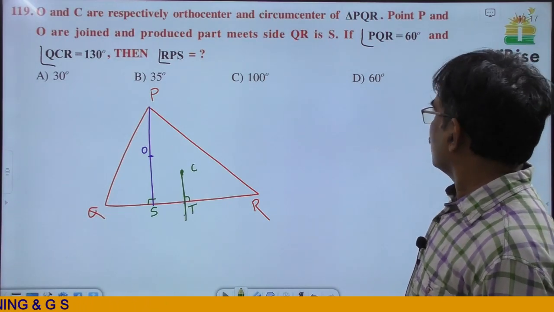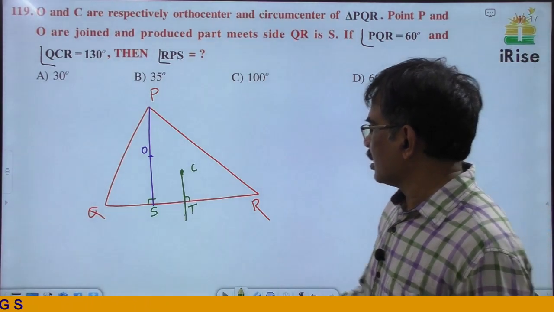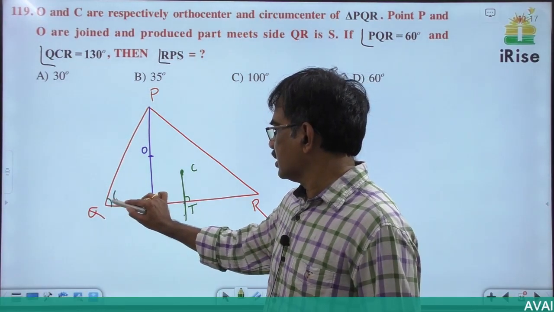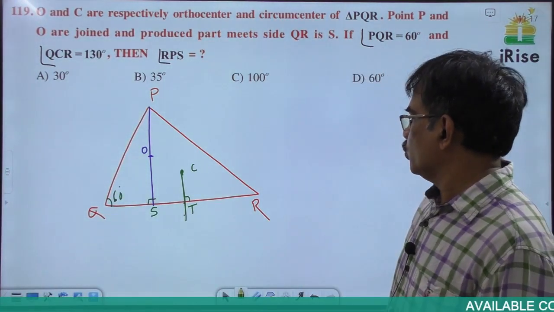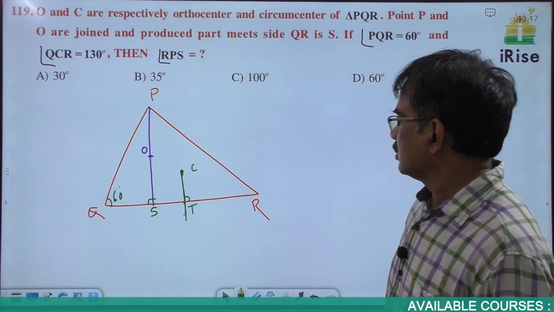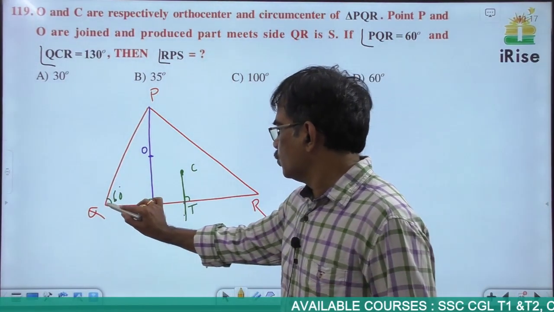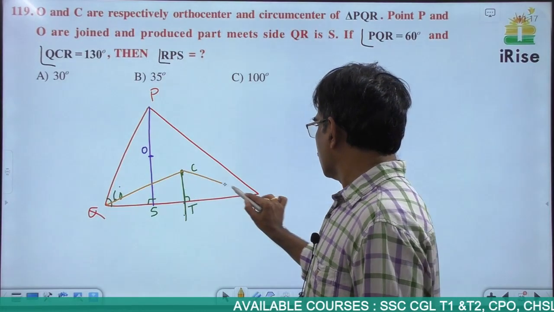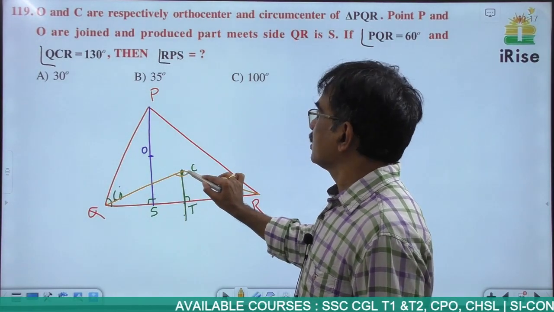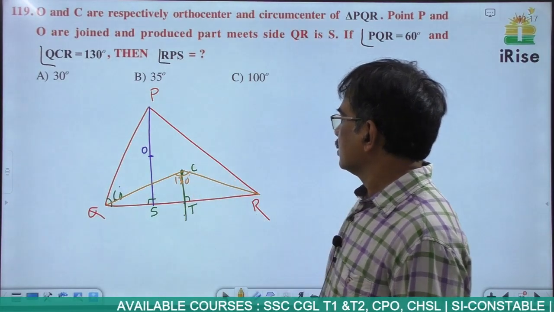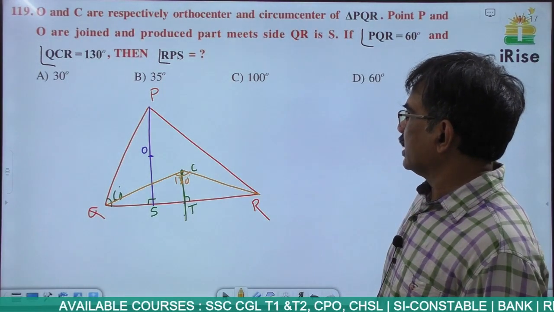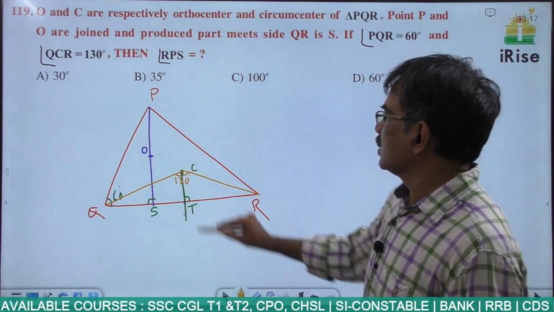If angle PQR is 60 degrees, this angle is given as 60 degrees. QCR, draw like this. QCR, this total angle is given as 130 degrees. Then what is RPS? What is this angle?